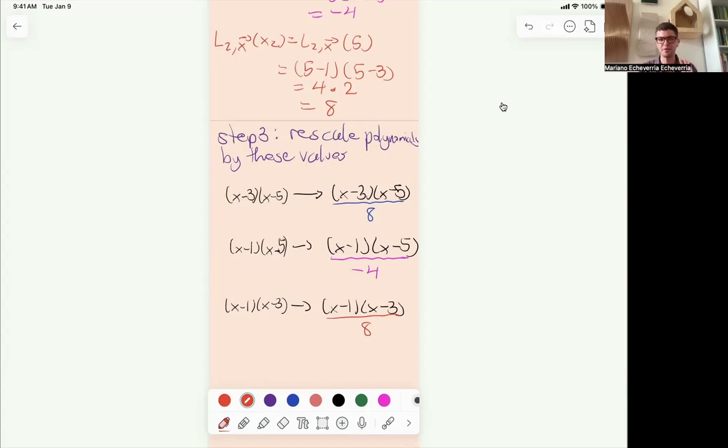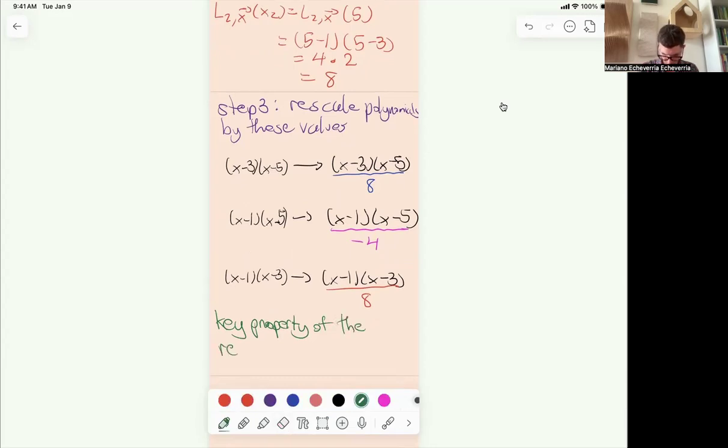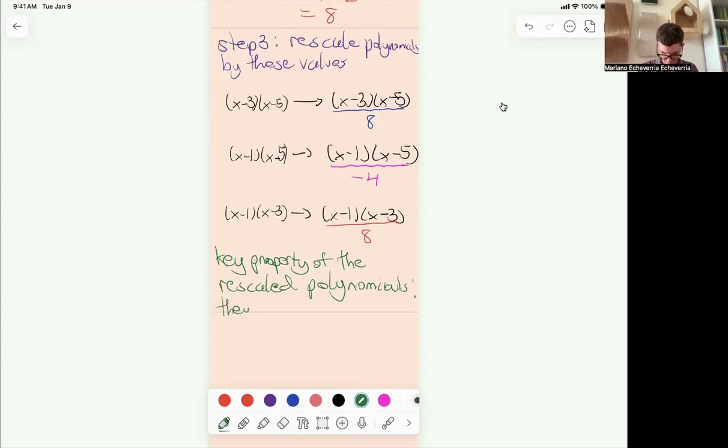So the key property of these rescaled polynomials is that they're zero at two of the three x values, and they take the value one at the remaining x value.